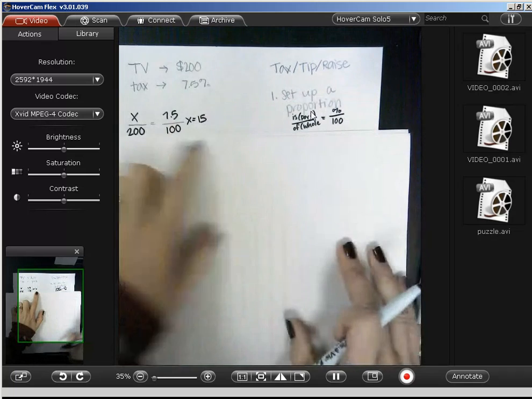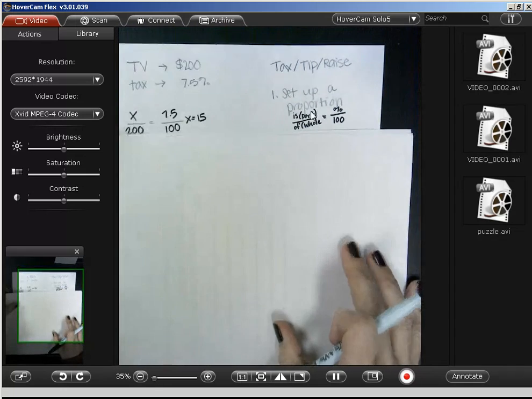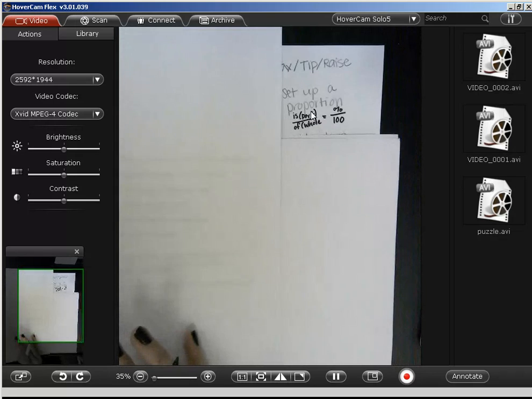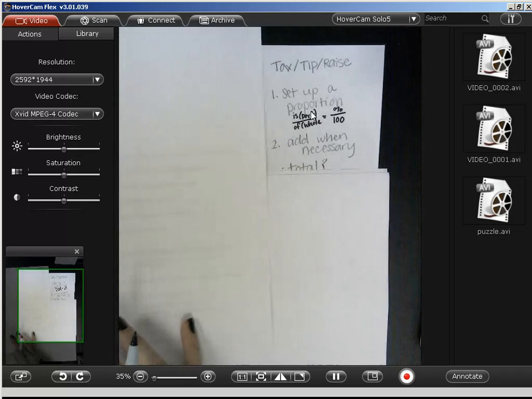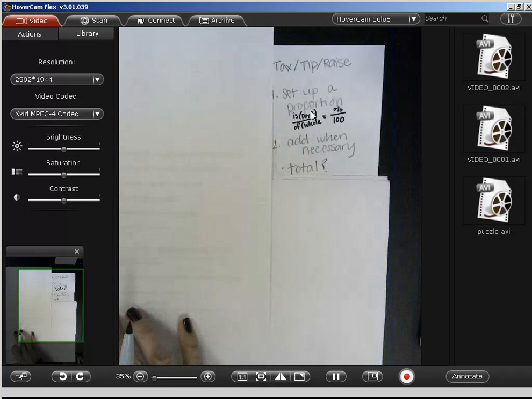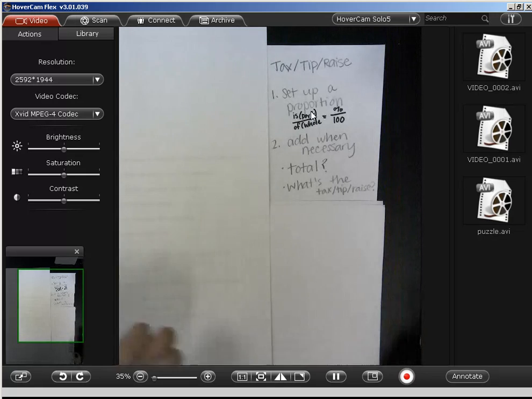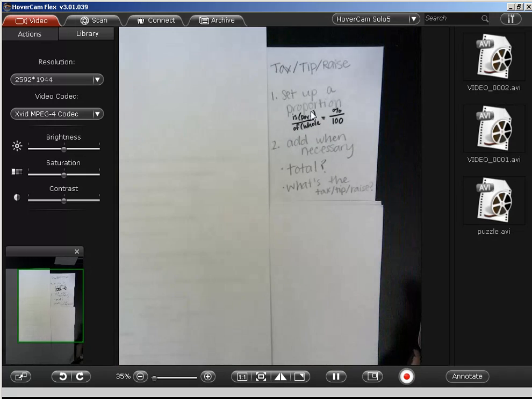Now the next part of our process is, what do you do with that information? Sometimes you'll be asked to find just the tax amount. Sometimes you'll be asked to find the whole amount. When you have to find out what just the tax amount is, you would just solve. But if they said to you, how much is your total purchase, then you're going to need to add your tax back to your total amount.